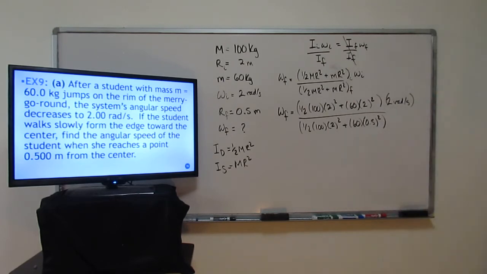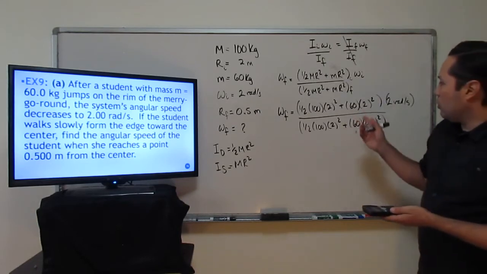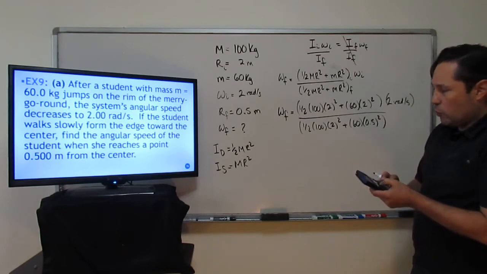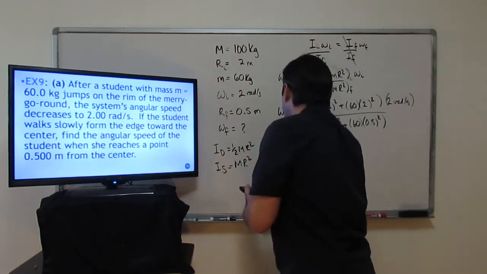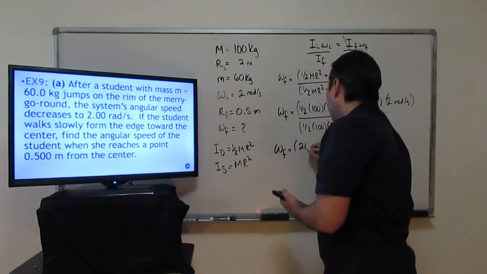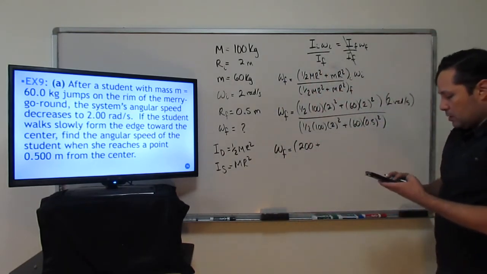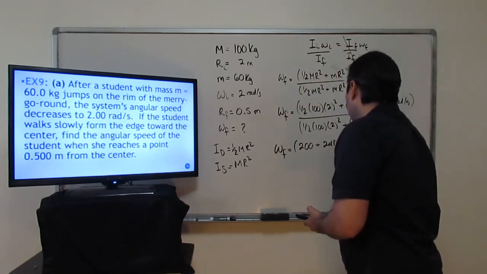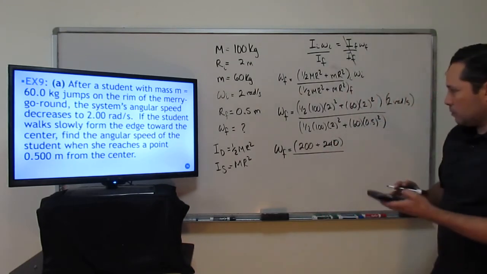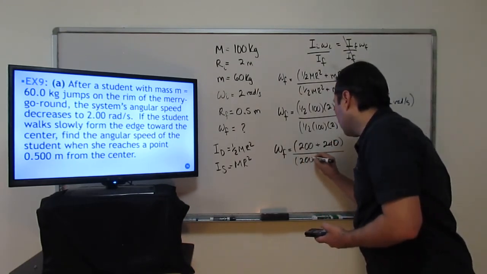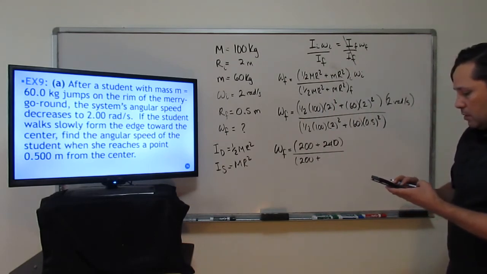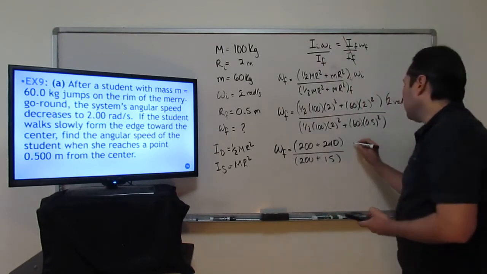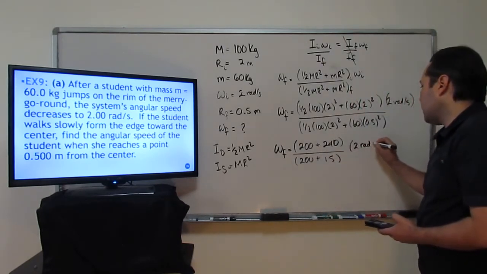I'm going to reach for my calculator and plug all of these values in. So it's going to be 0.5 times 100 times 2 squared. That's going to give me 200, plus 60 times 2 squared gives me 240, over 200 plus 60 times 0.5 squared gives me 15, and all of it multiplied times our 2 rads per second.